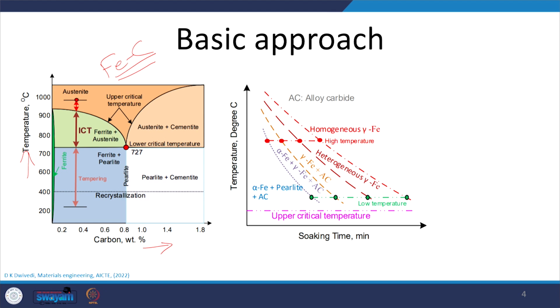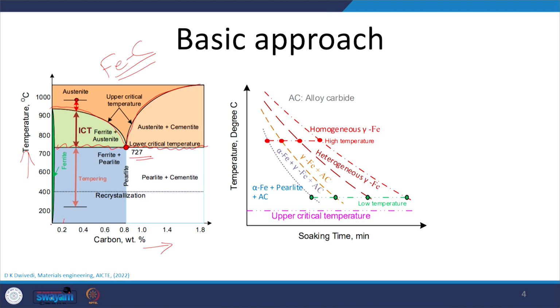has not been shown. So, what it shows: this is the upper critical temperature line and this is the lower critical temperature line corresponding to, say, 727 degrees centigrade. The upper critical temperature changes with the carbon content, that is what we can see.